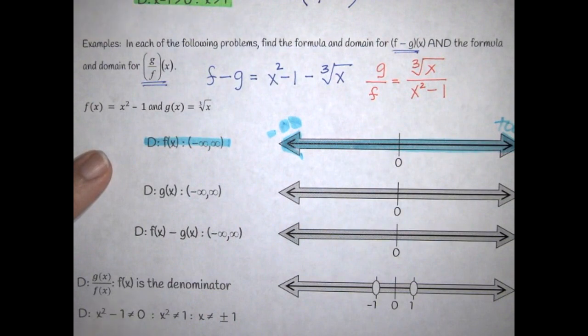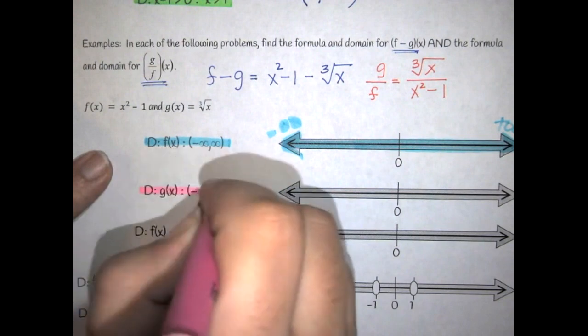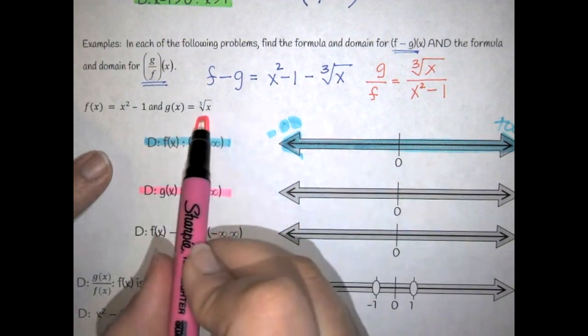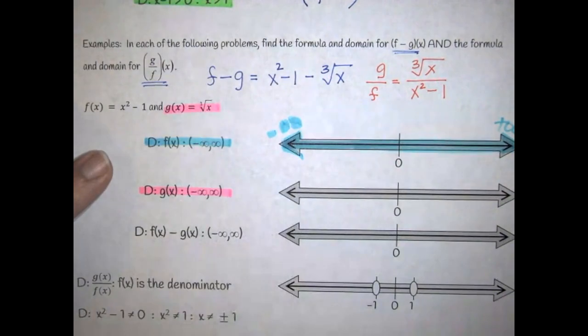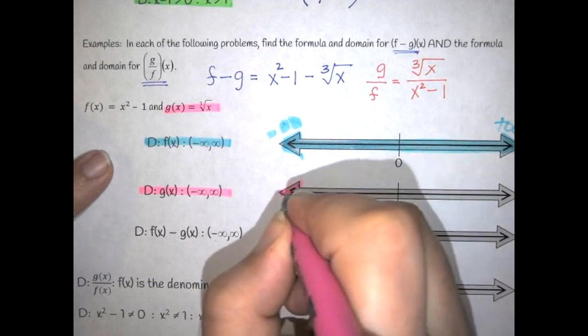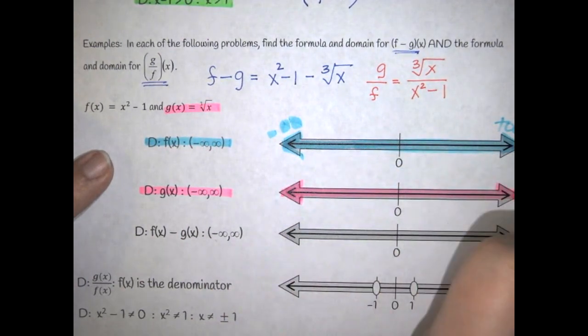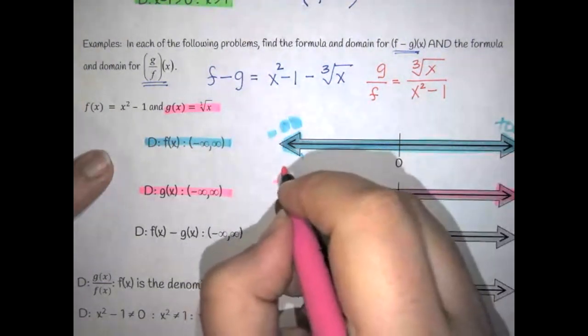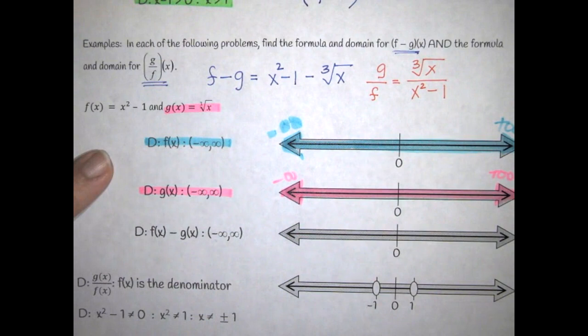Now, when we take a look at our g of x, which is the cubed root of x, that also is going to have no problems. So just like the first one, it is going to use the whole number line. It is all real numbers. So from negative to positive, we don't ever have an issue.